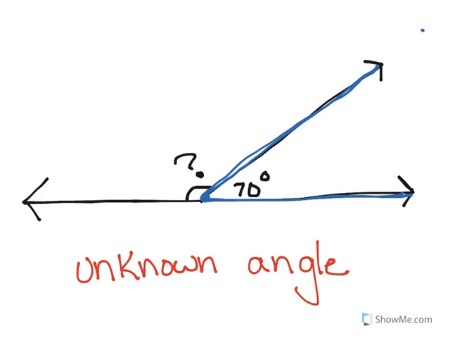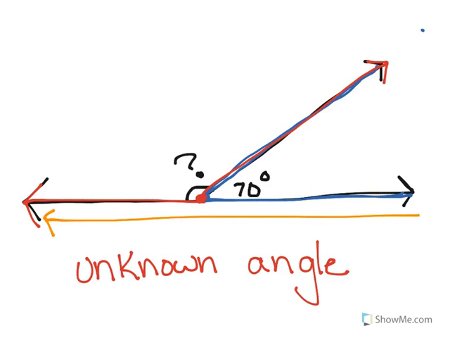So somehow I can use that information to figure out this mysterious unknown angle over here, which again is made up of two rays. Well, I know that a straight angle, also known as a line, measures 180 degrees.